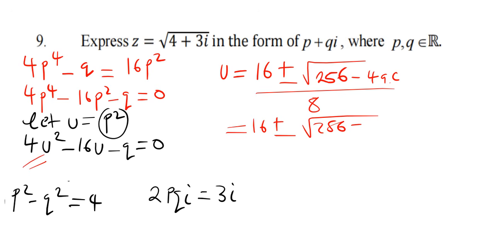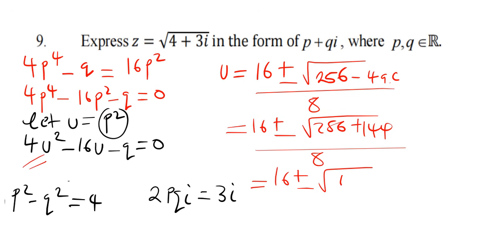A is 4, then 4 multiplied by 4, then the c is a negative 1. We're going to have 144 there. Actually over 8. Now we're going to have 16 positive or minus the square root of 256 plus 144. I'm going to have 400 over 8.